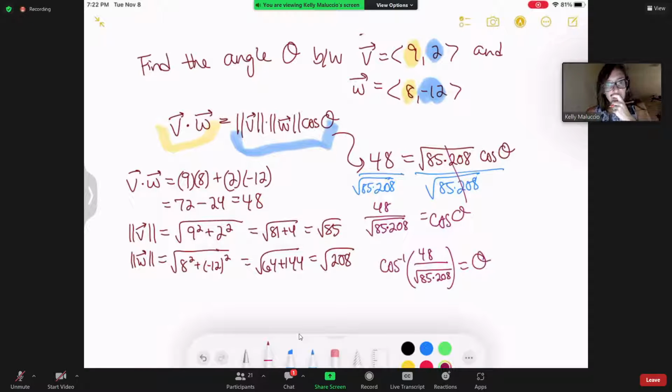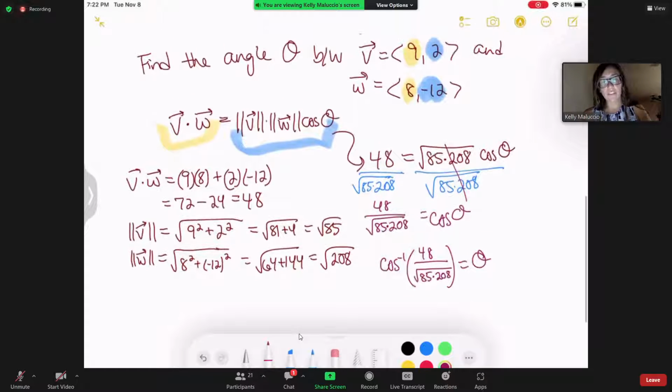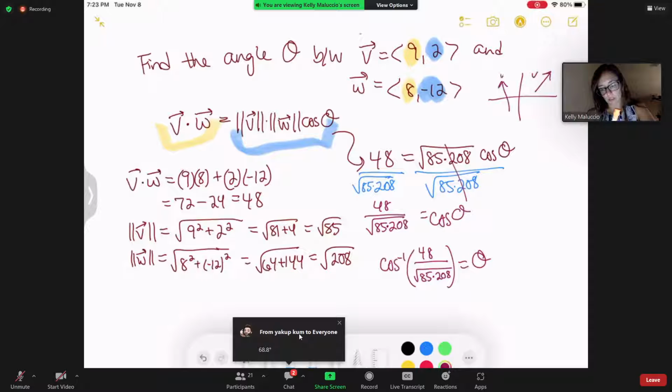And I think we get, I don't know, round to 1 decimal. So the angle between, and what we're looking for, if we were to draw these, granted, I didn't do that, but if we were to draw these component-wise, they wouldn't look exact, maybe V is over here, maybe W is over here.